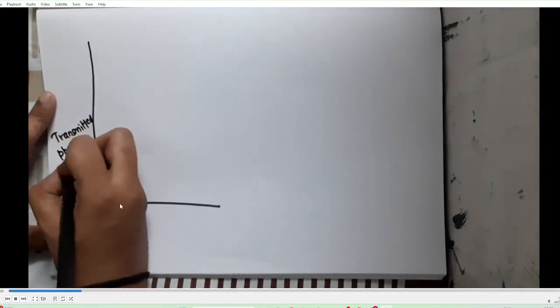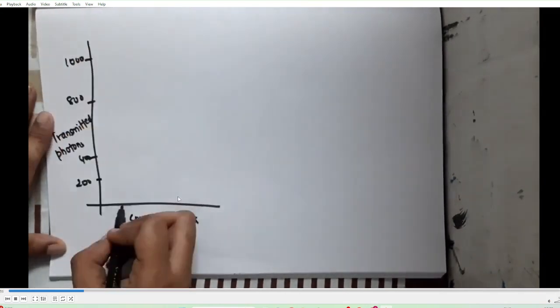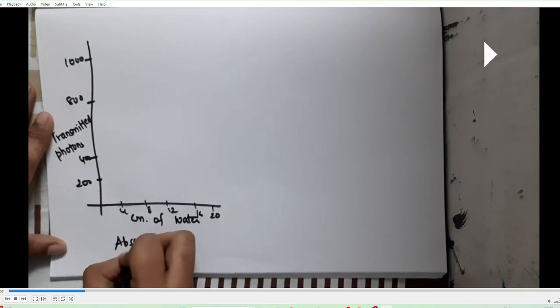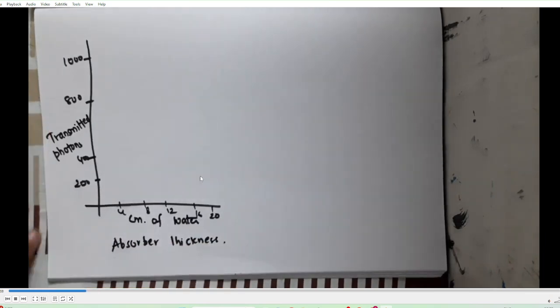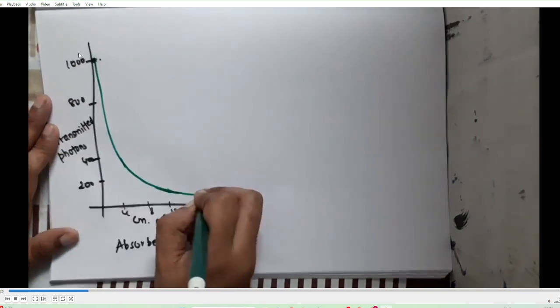Then if you draw a curve with transmitted photons and the absorber thickness plotted on a linear graph paper, with transmitted photons on the y-axis and the centimeters of water or absorber thickness on the x-axis, it will be a curve.